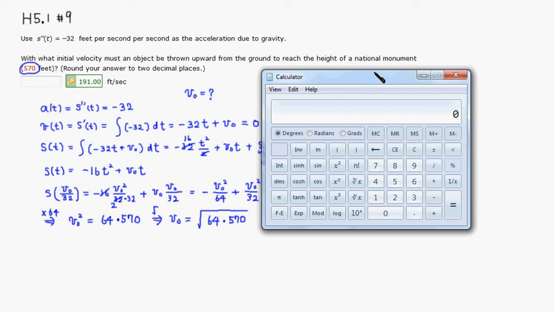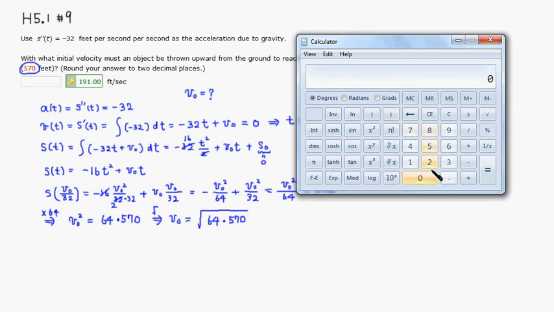So 64 times 570, then take the square root. It came out to be 190.99.